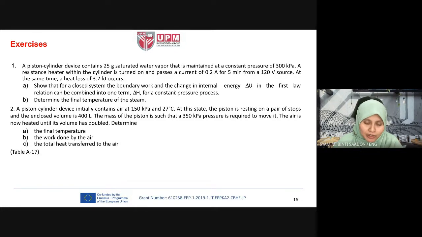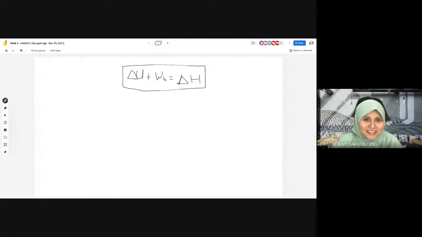This is the condition, constant pressure process. So you have to prove that this is equal to this. Saya tak tunjuk yang ni. This is the one that we have to prove.